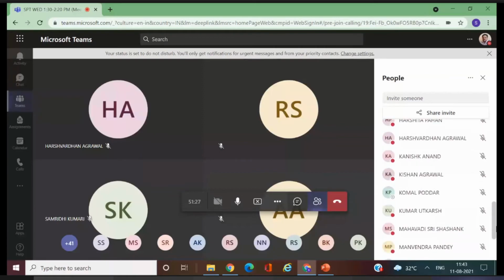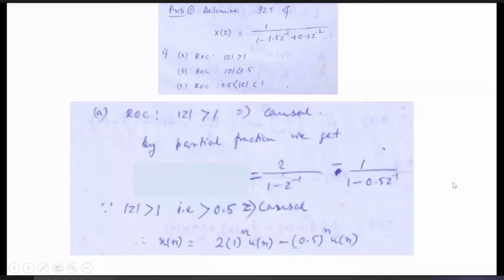Can anybody please tell the Z transform of a to the power n u[n]?